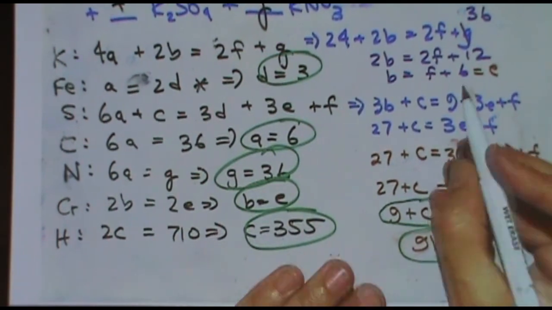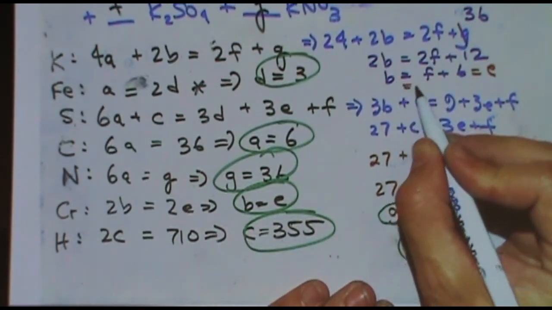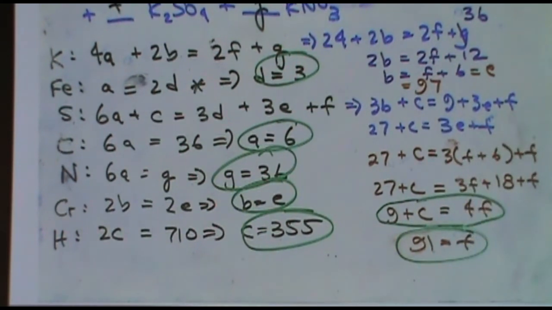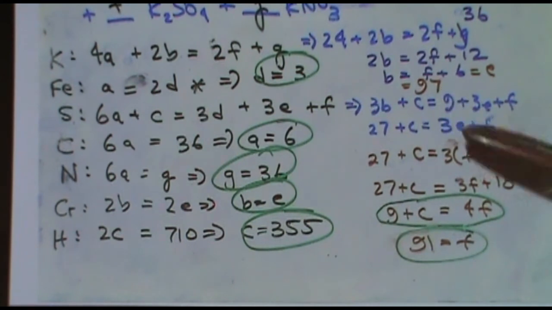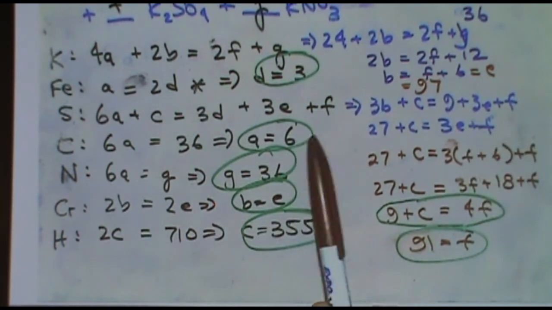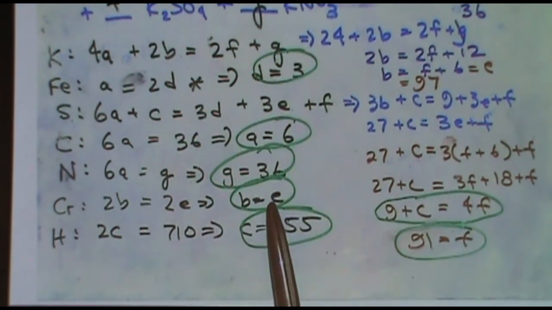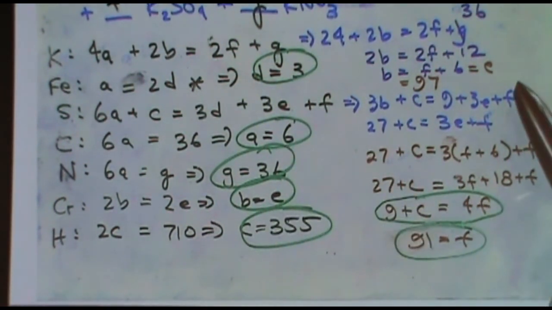That means we know what B is. It's 97. Then same as E. Wow, do I have all the letters? I've got A, I've got B, I've got C, D, E is the same as B. I've got E and F. I don't have G. Oh, I do. I'm done.